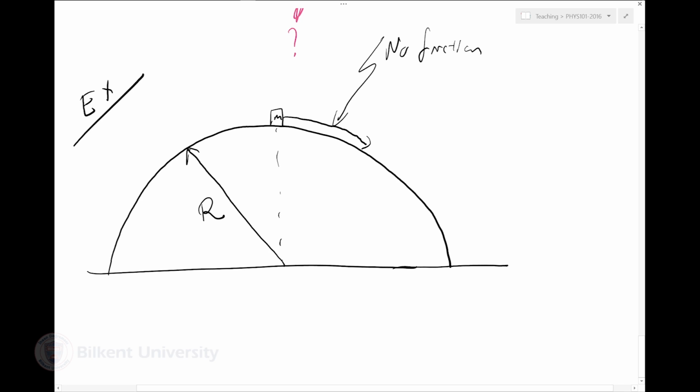Will it slide and remain on the track all the way down to the floor? No, it will actually split off the track. It will go away from the track. It will start flying.